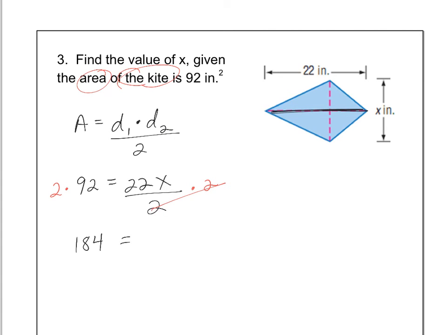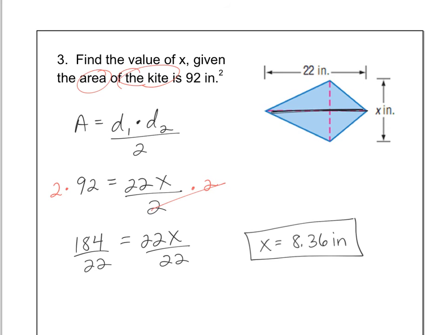So we have 184 equals 22x. Divide by 22. And it's not a great number. It's x equals approximately 8.36. We'll round it off. And that would be inches, not inches squared, because it's the length of one of the diagonals.